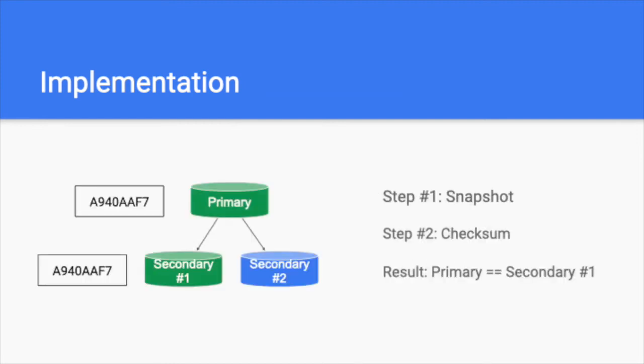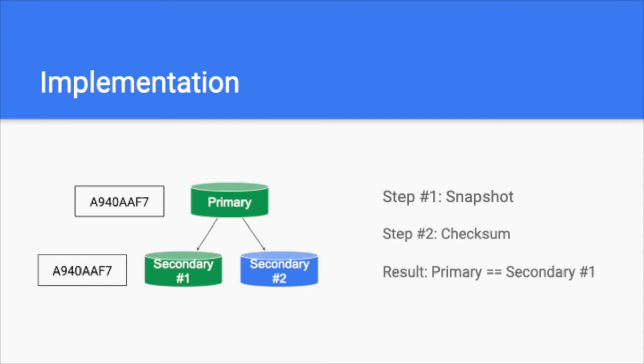We first create two consistent snapshots on those two instances, and then run a SQL statement to compile the fingerprint of the data stored in the instance for each individual table, then compare the results, and come up with a conclusion on whether or not these two instances are consistent with each other.